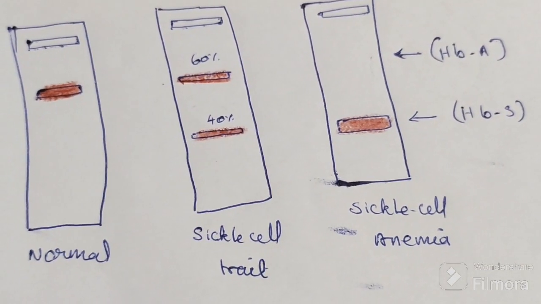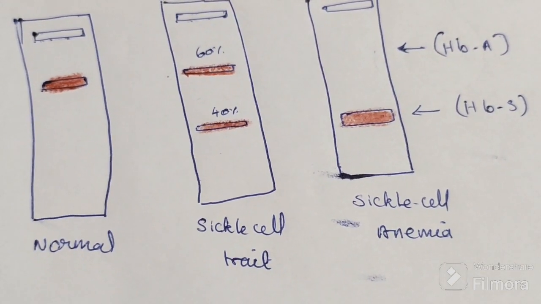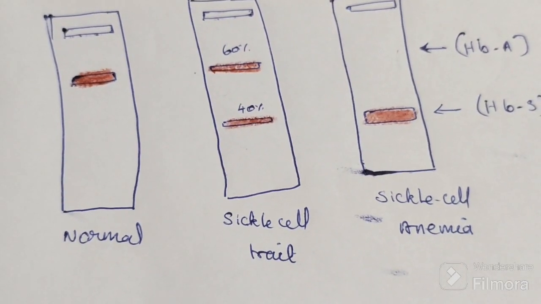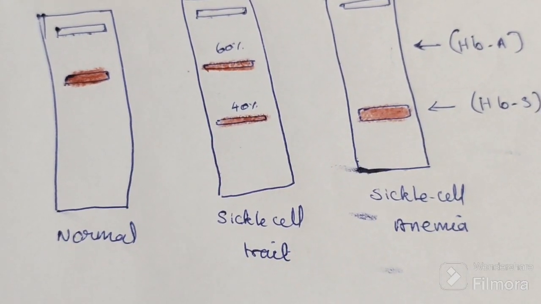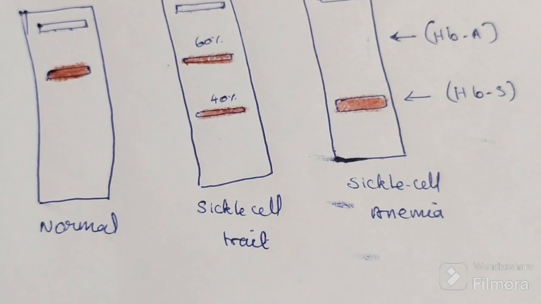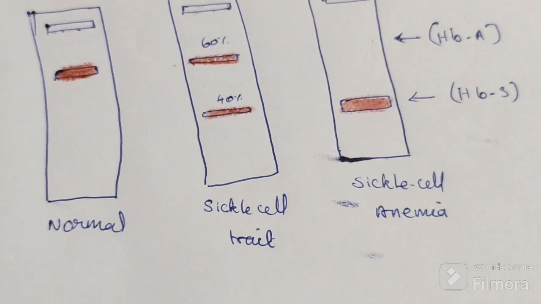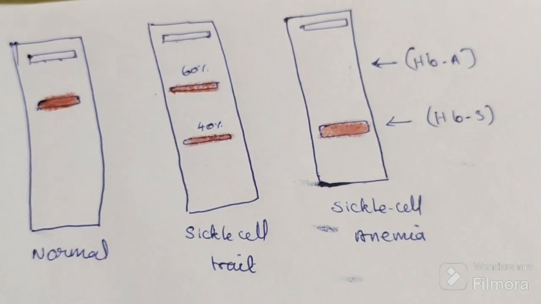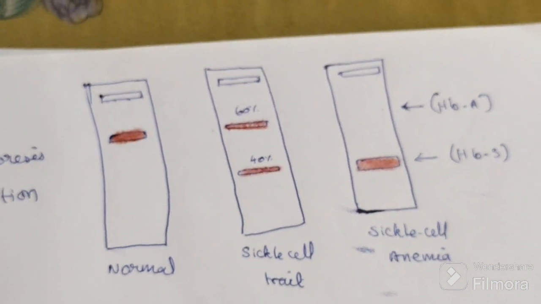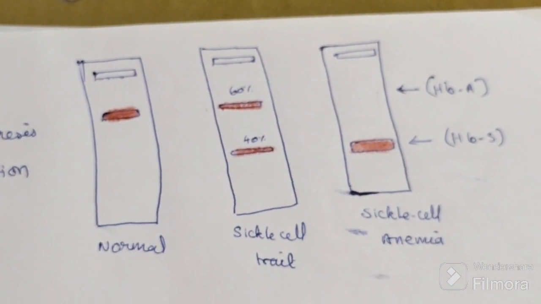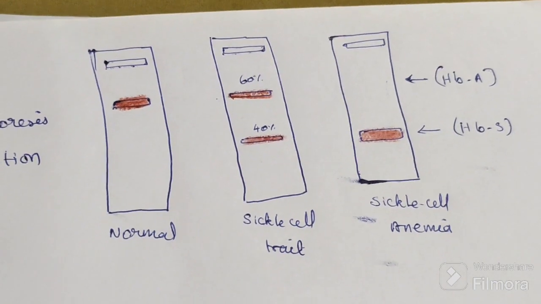So we find whether we are finding one band or two bands. If we are finding two bands, of course it is a case of sickle cell trait. But if you are finding one band, you have to see whether that band is HbA or HbS. That will decide and differentiate sickle cell anemia from sickle cell trait.